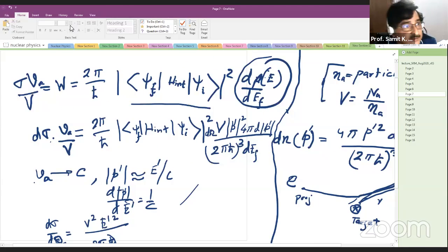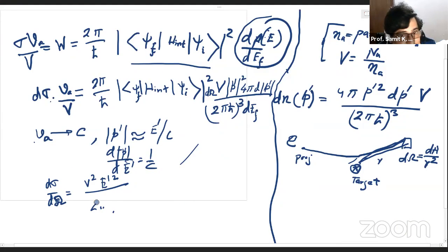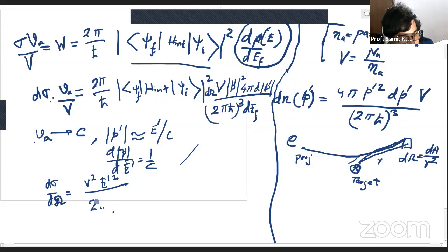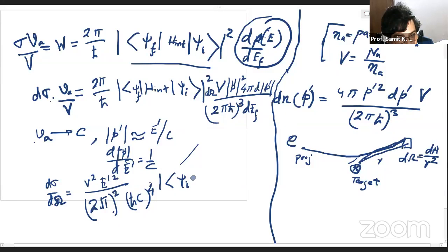Here I can write this, then it is 2 pi square then h c square, this is square, this is the 4, sorry, this 4 will come, and then you have your matrix element psi_f, H interaction and the psi_i, and this is square.